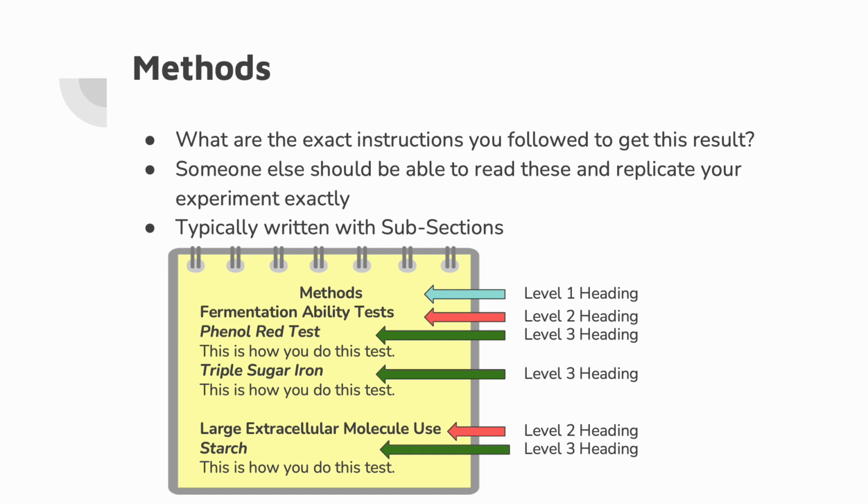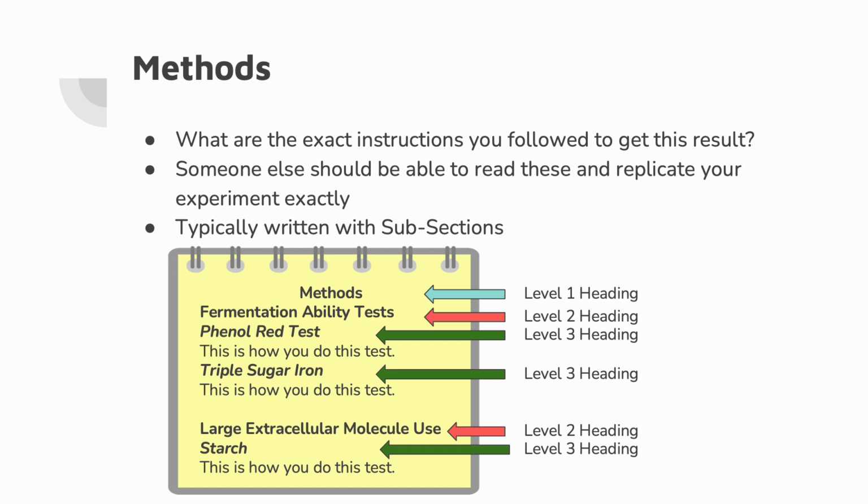So fermentation ability tests is a level 2 heading, so it's going to be left aligned and it's going to be bold. And then I've grouped the tests again by another subsection header underneath that, to tell us exactly what each test is underneath that group. So those are level 3 headings. So those are going to be left aligned, bold, and italic.